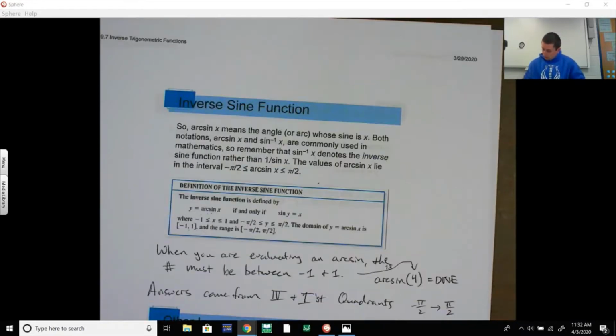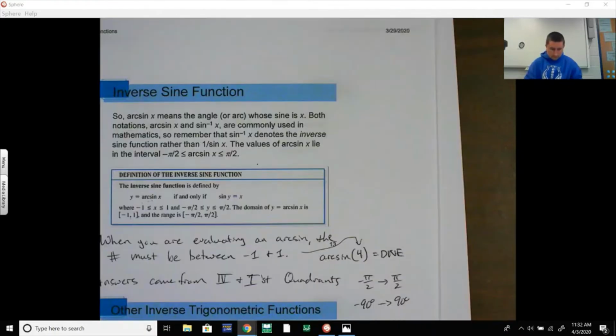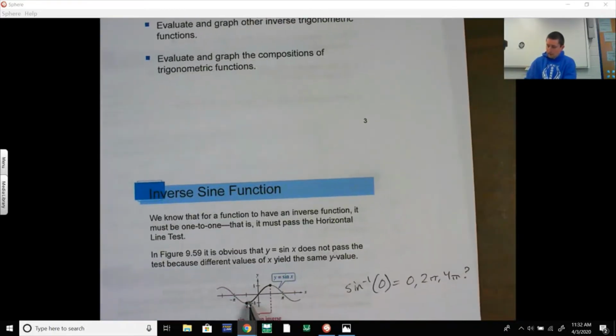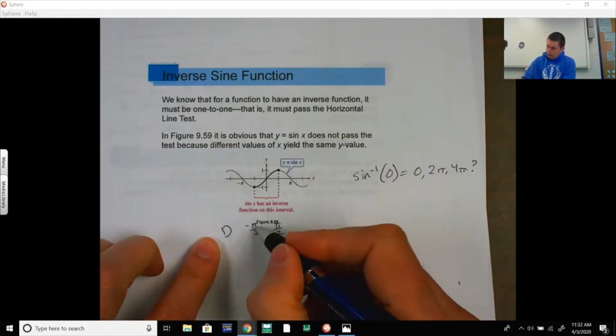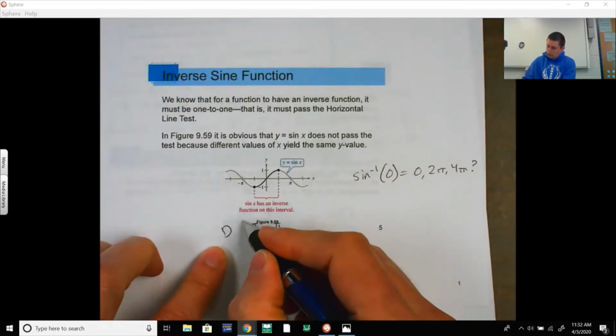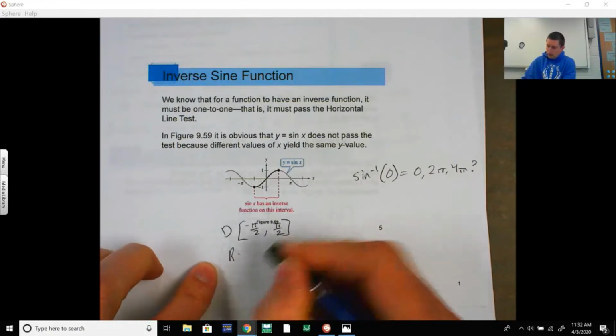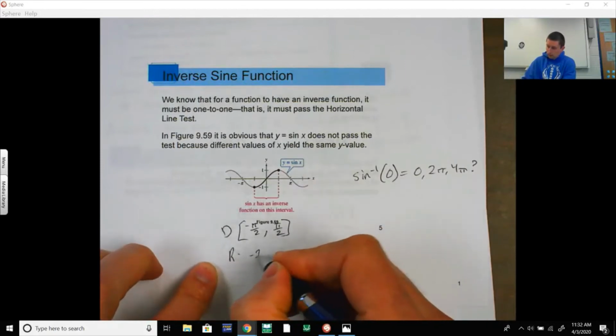So if I go back to the graph that we have here, notice the domain here is from negative pi over 2 to pi over 2. The domain for this function is negative pi over 2 to pi over 2. The range is from negative 1 to 1.